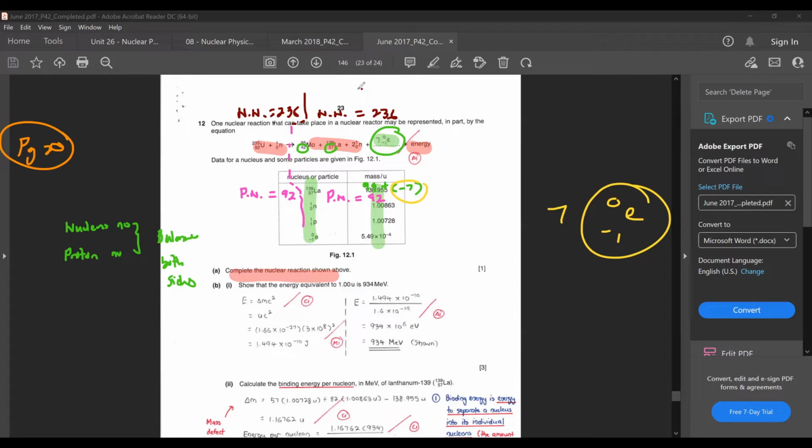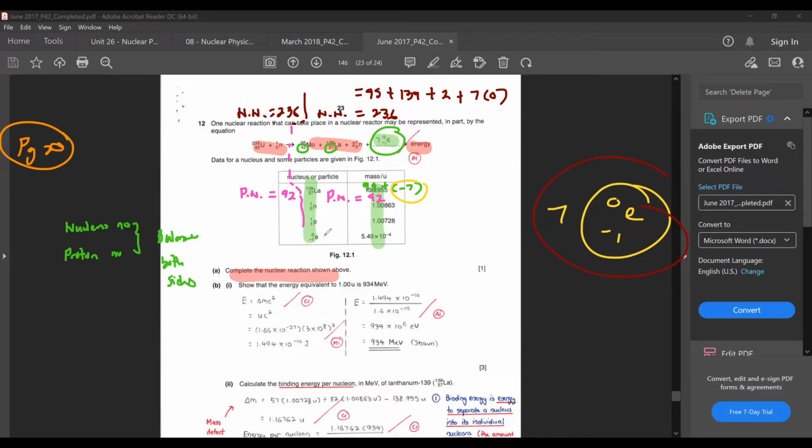You would have 95 plus with 139 plus with 2 plus with 70. You by right should get back 236. Okay, so you putting electron is the correct one.